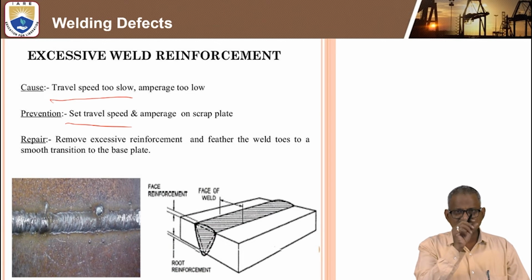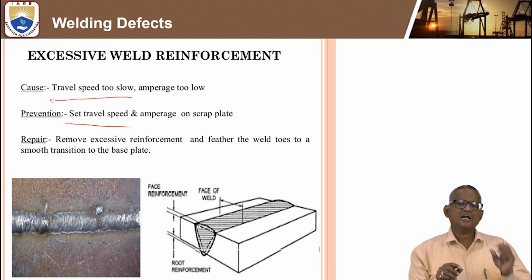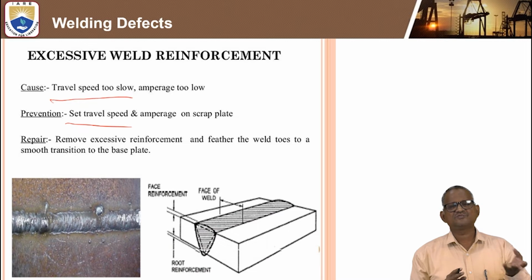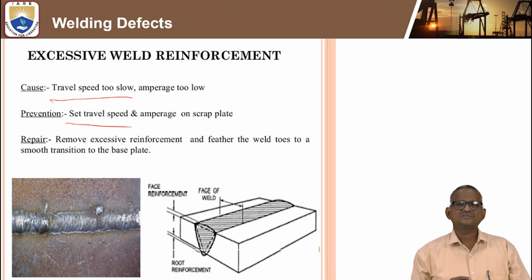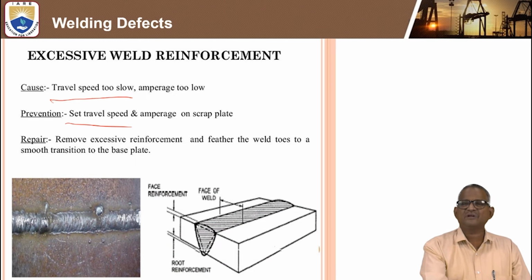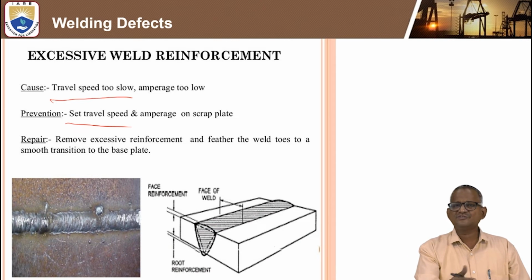They can set and identify that, and you should also maintain the proper technical parameters like amperes, voltage, etc. First we will test this on a scrap plate, then you can apply it. Otherwise, there is wastage of the plate. Again you will perform cleaning, which is a time-taking process, so more time is taken and the productivity can be reduced.